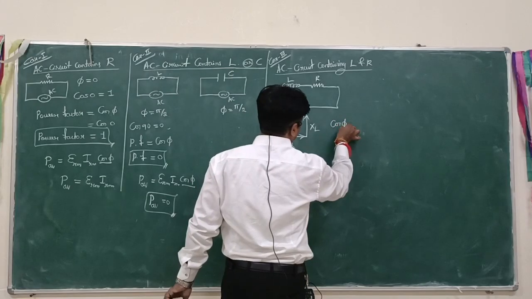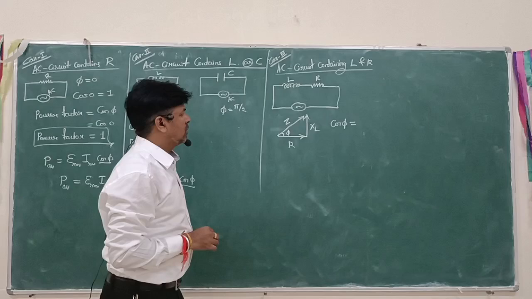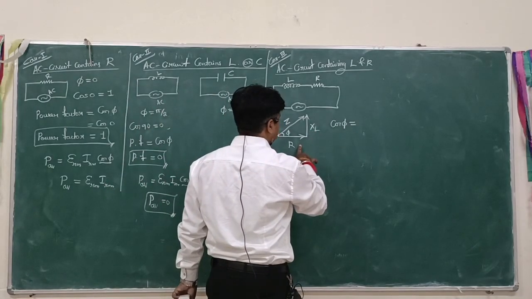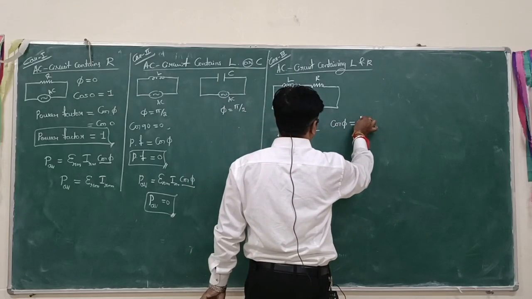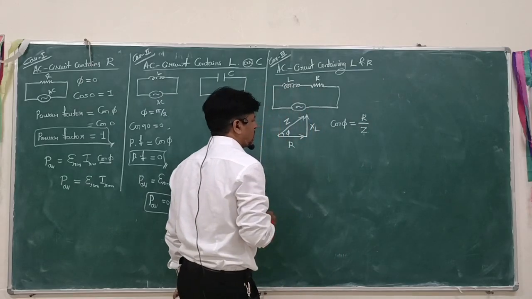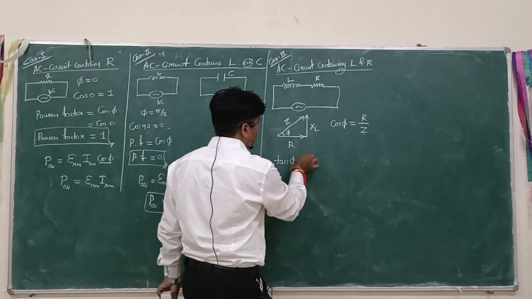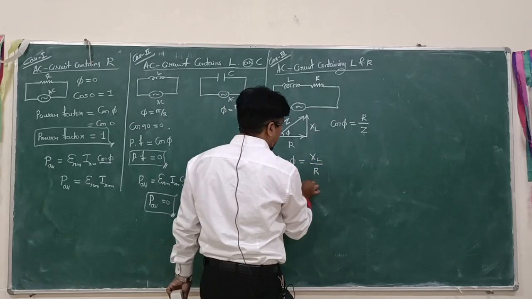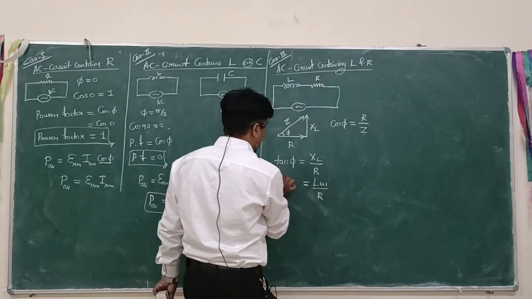Cos phi is equal to the adjacent side divided by the impedance, the hypotenuse: R divided by Z. Tan phi is equal to opposite divided by R. The opposite side is L omega, so L omega divided by R.